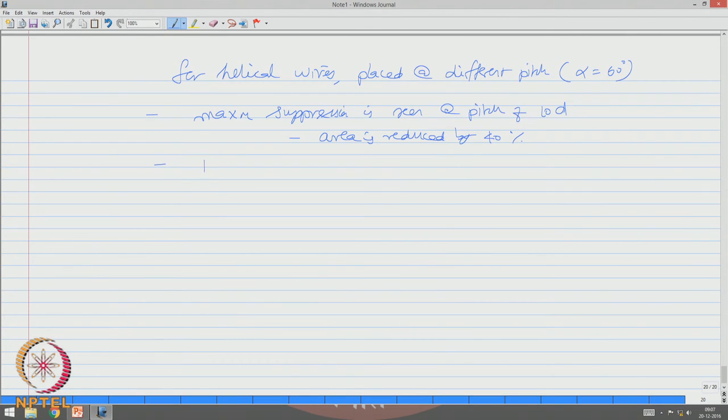It is also seen that all the plots with helical wires follow a similar trend. This is essentially due to the omnidirectional property achieved by laying the wire at 60 degree inclination at different pitch angles.